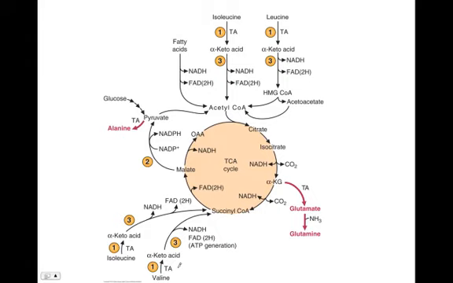This process is shown here in more detail. Our branched-chain amino acids, isoleucine, leucine, and valine, can enter into the TCA cycle as either succinyl-CoA or acetyl-CoA.